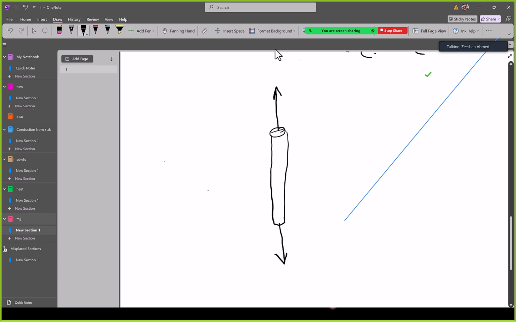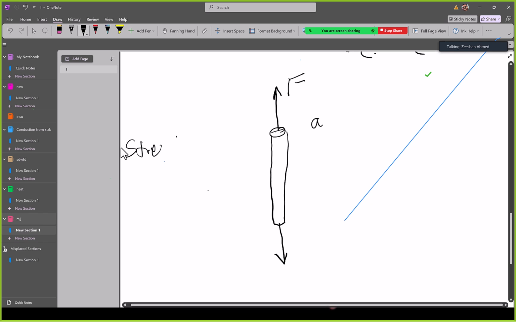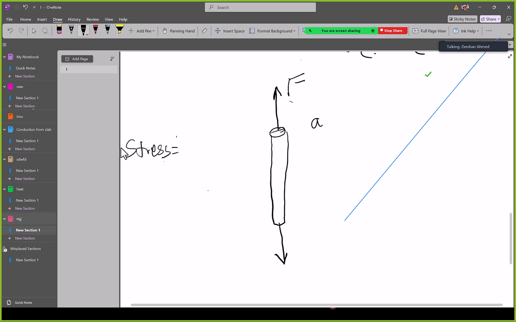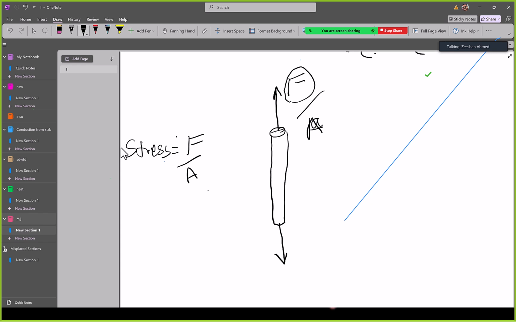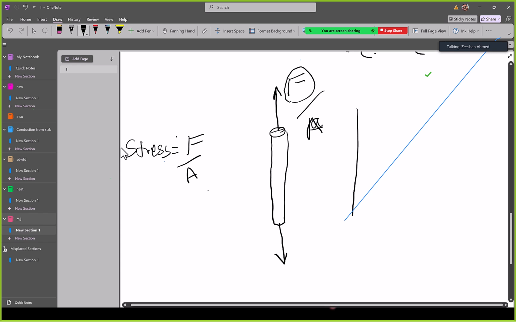This is the cross-sectional area A, and this is F. So stress is, क्या बनेगा stress? This force divided by this area, right? Yes, sir. So this force divided by this area is the stress, which is on the y-axis.